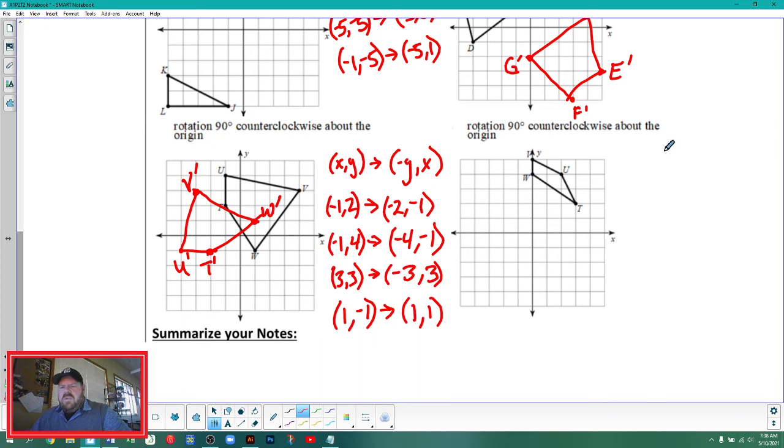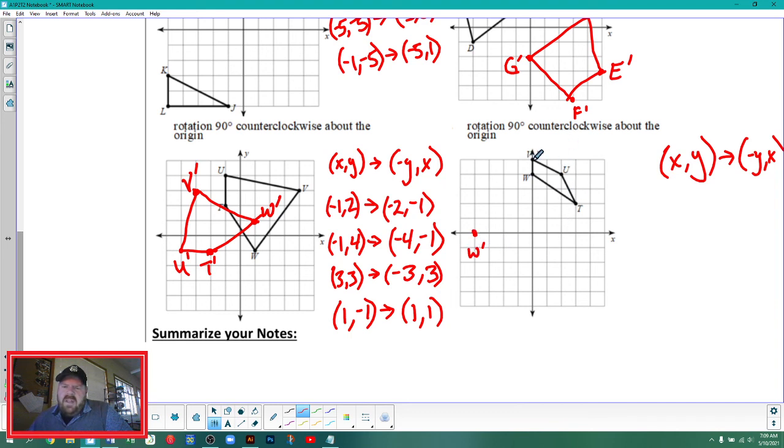All right, last one, 90 degree counterclockwise. So same rules apply. My x, y turns into negative y, x. All right, for me, that's going to mean that a point like W, let's start with W, I guess, at 0, 4 is going to turn into negative 4, 0. W prime.